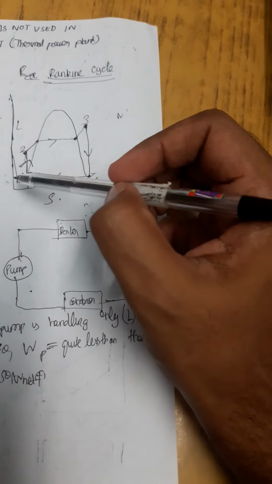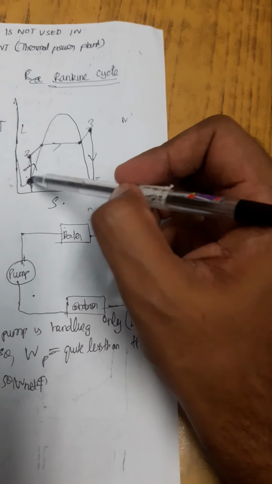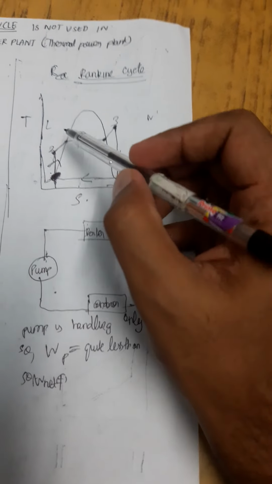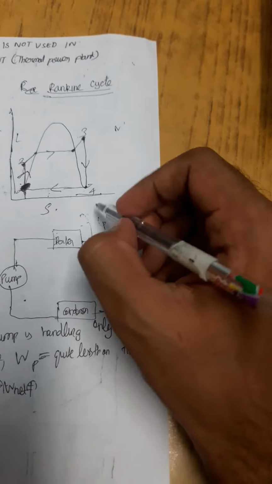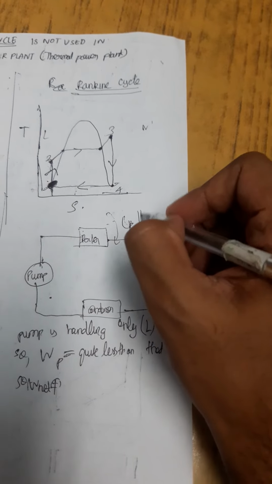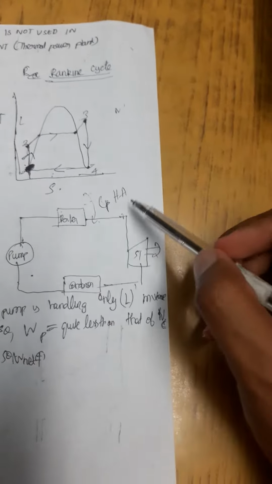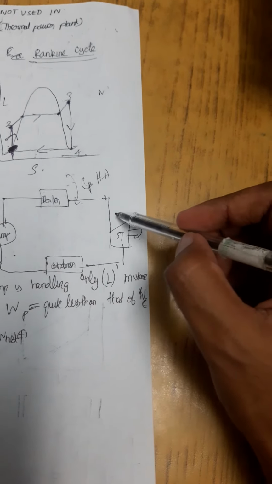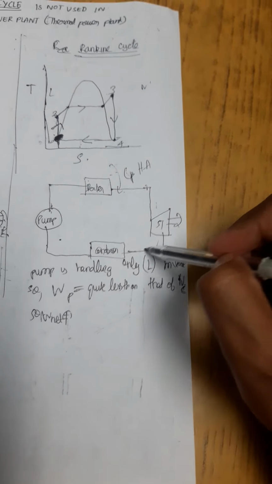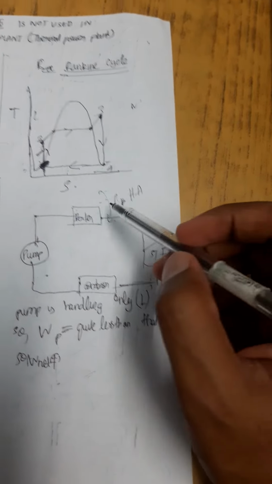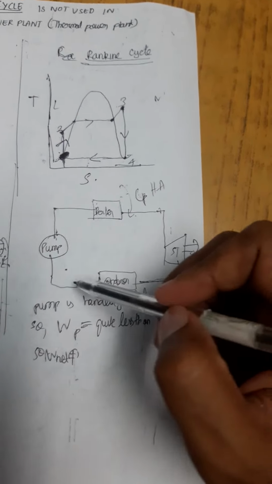So the processes are almost the same. 1 to 2 is isentropic compression in the pump, and 2 to 3 is constant pressure heat addition in the boiler, and the same process, the steam is getting expanded in the turbine, and again in the condenser heat is removed at constant pressure, and again it is sent back to the pump.